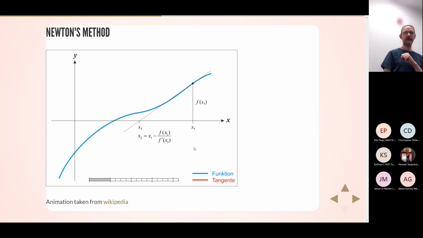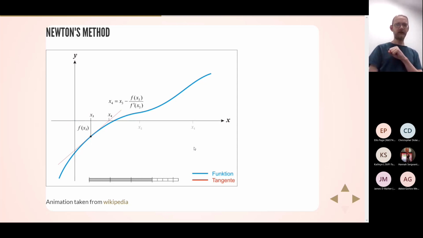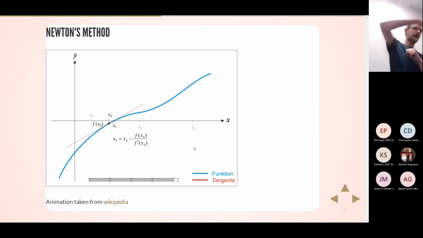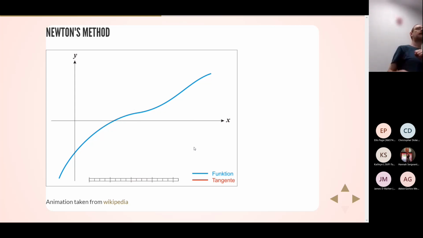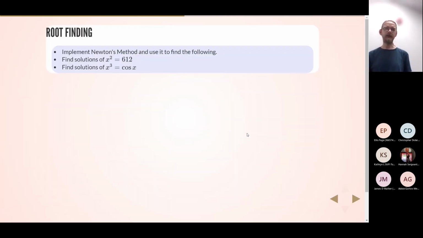And there's a stolen animation from Wikipedia that sort of shows how it works. But basically at each point you draw the tangent, see where the tangent crosses 0, and move to that point. If your function was linear, job would be done. Because it's not linear, that's only an approximation, and you've still got something to do.